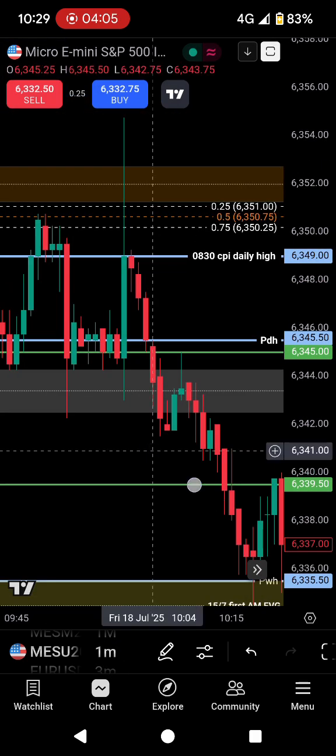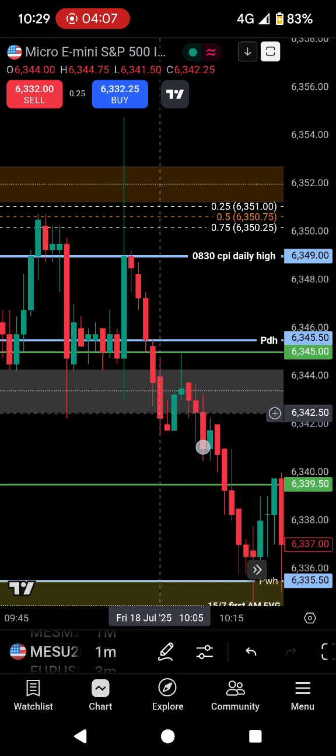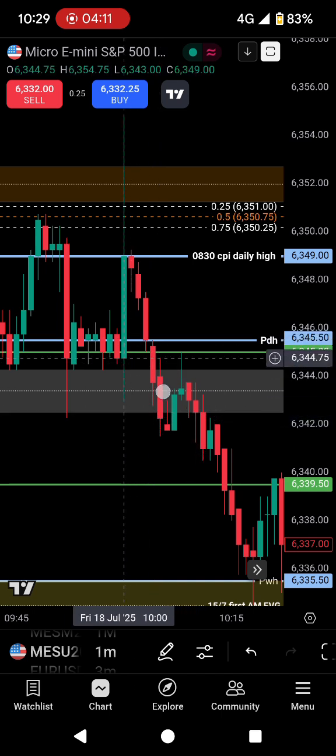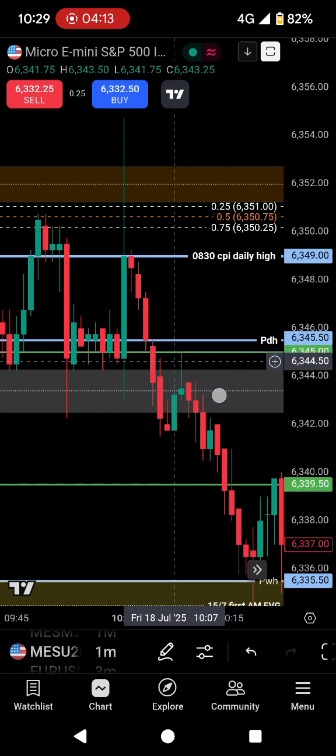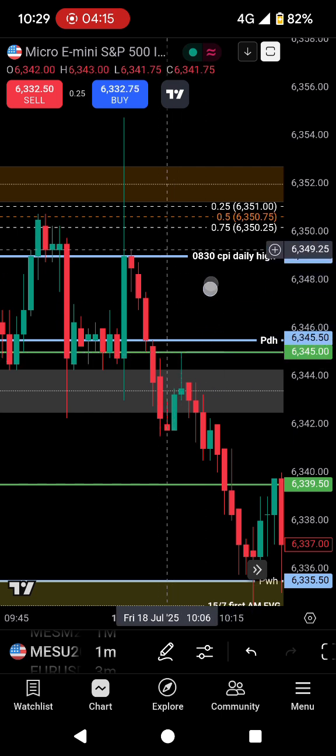As soon as we close below this 15-minute BC, this is an order block, so you can enter short here, but your stop loss has to be above here.